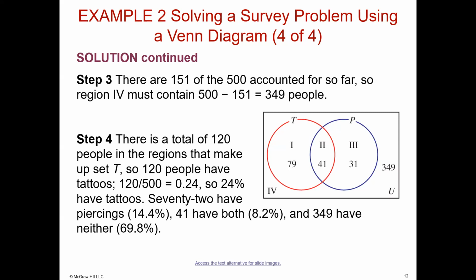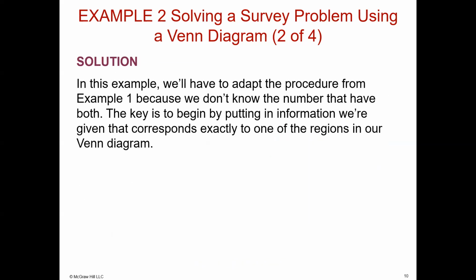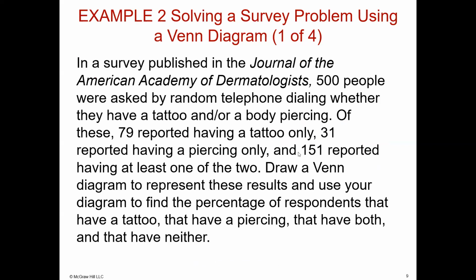Do you agree that'd be 500 minus our 151, which would be 349 people? So believe it or not, region 4 receives the first number, 349. That's the first one you have to populate, because again, they say 151 have at least one of the two.